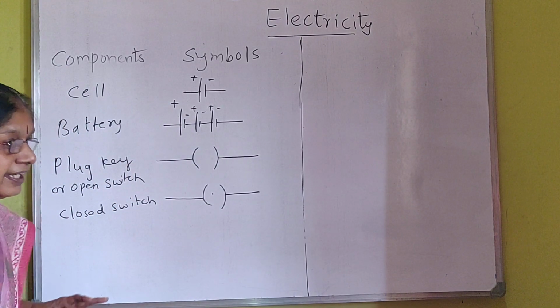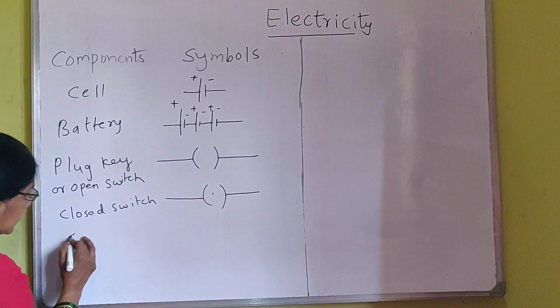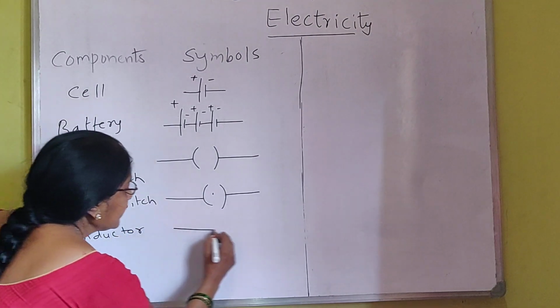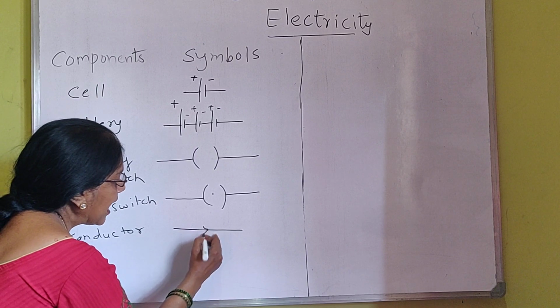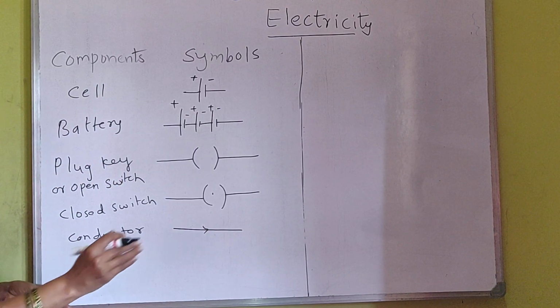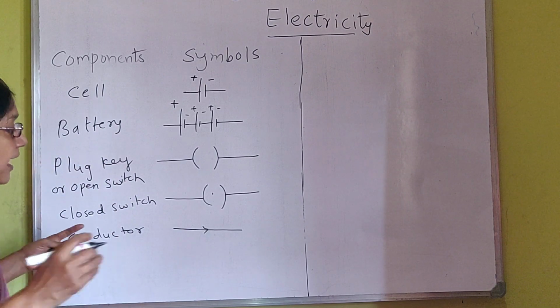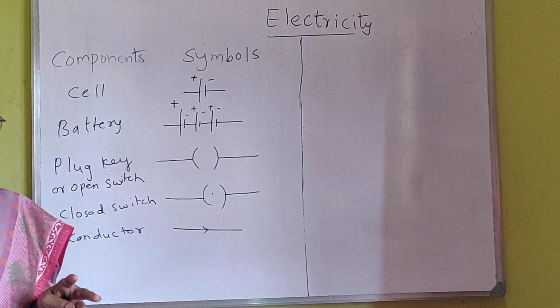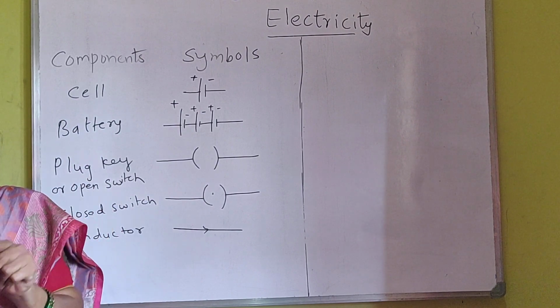How to represent a conductor? A conductor is represented by a simple straight line, where the arrow mark indicates the flow of electrons. Sometimes we may see that in our home also 2-3 wires are joined together.